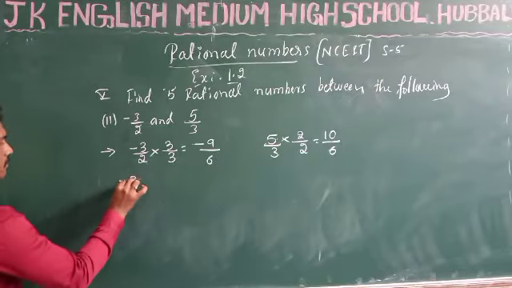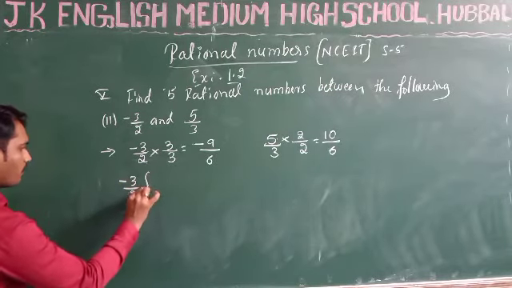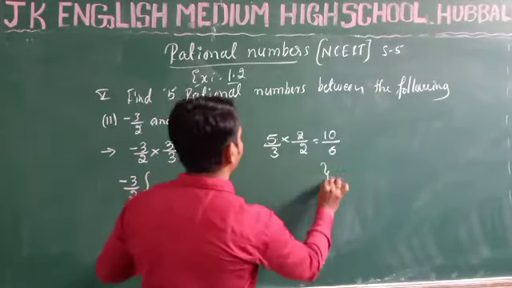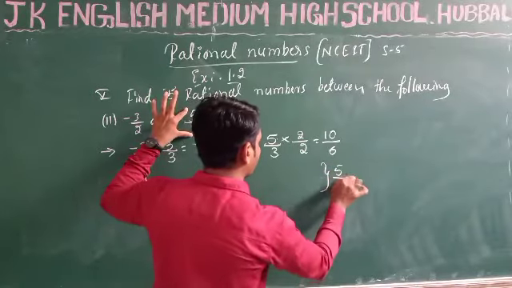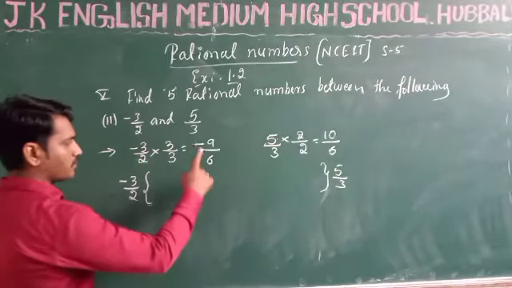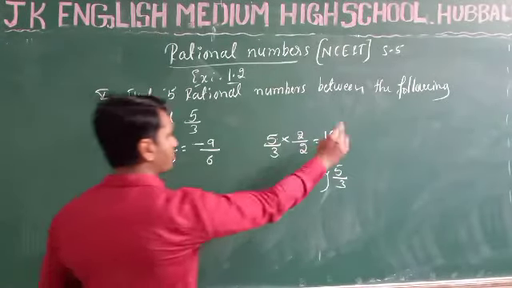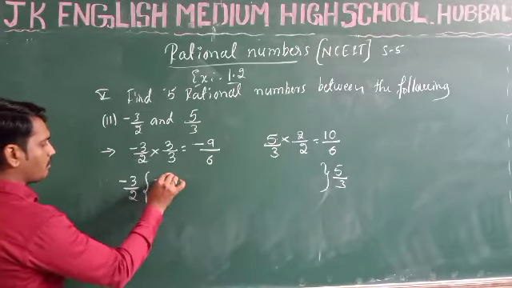Now minus 9 by 6 on this side and 10 by 6 on this side. So we should check: minus 9 to plus 10.